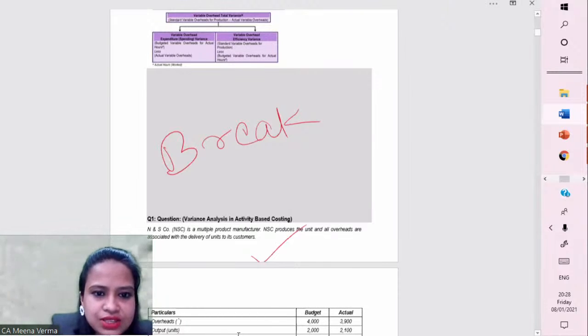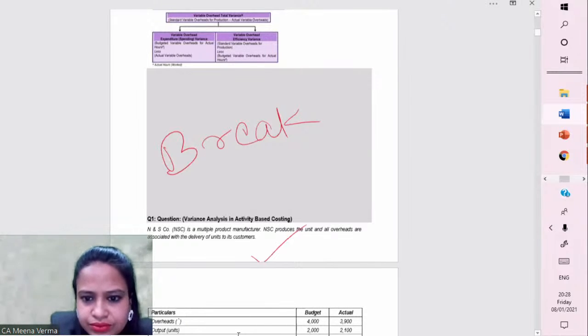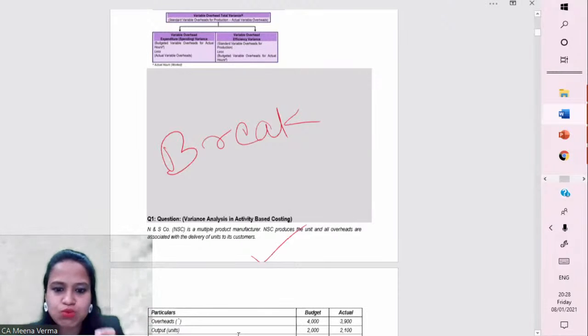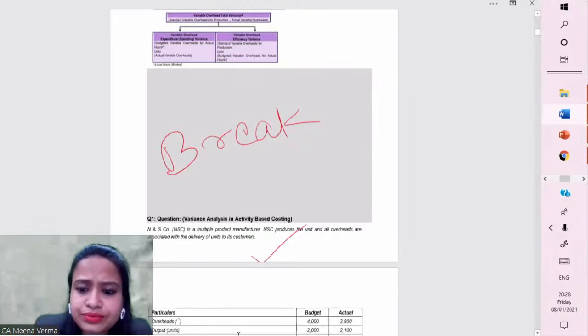What is the efficiency variance? Efficiency variance is the cost impact of undertaking activities more or less than the standards.